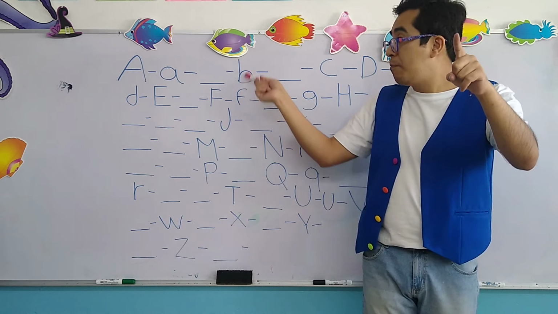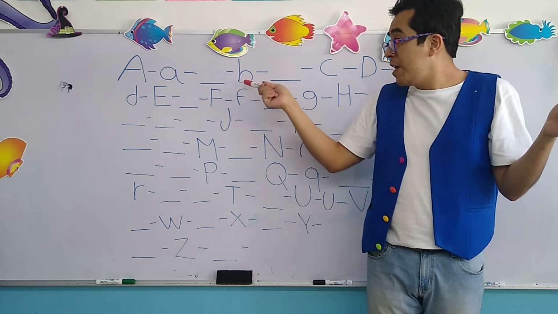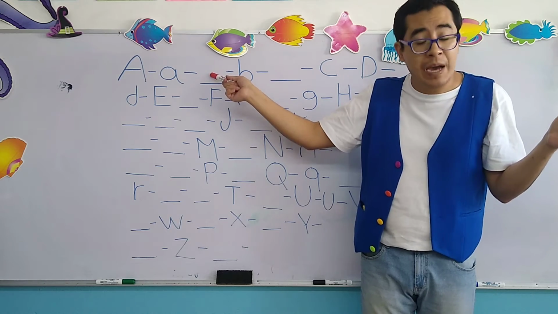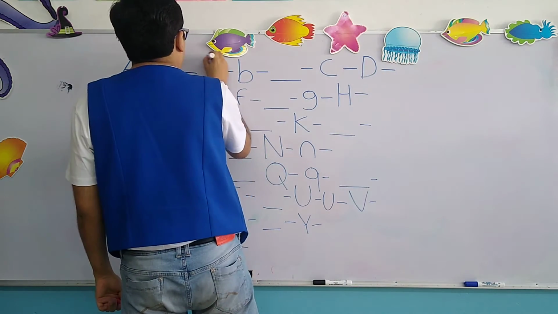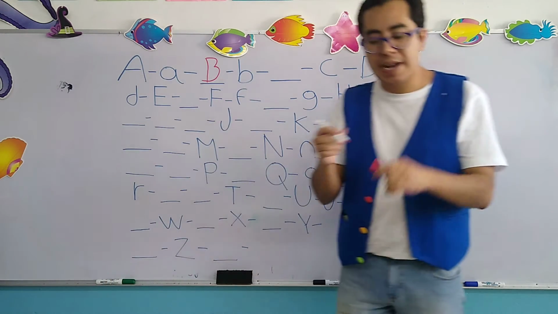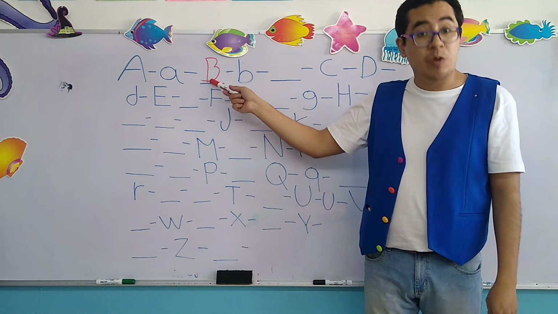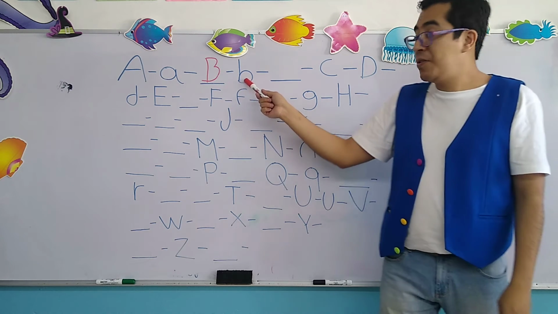That means that the previous letter is capital B, because if we have a B here in small form, we are missing the capital B. So let's write it. Capital B, remember, for boat, or boot, or bone. Capital B, small b. Let's continue.